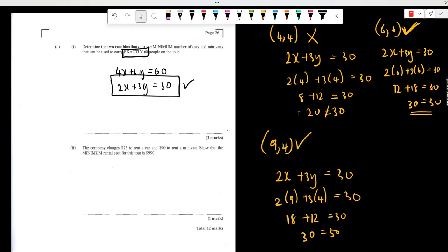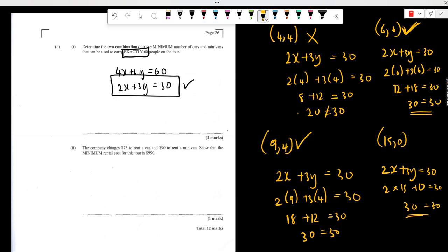When we check 15, 0, we know it's going to work, because 2 times 15 plus 0 equals 30. 30 is equal to 30, but this obviously requires 15 cars, and so that is not the minimum.